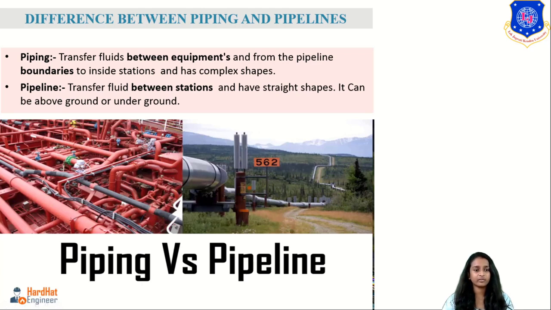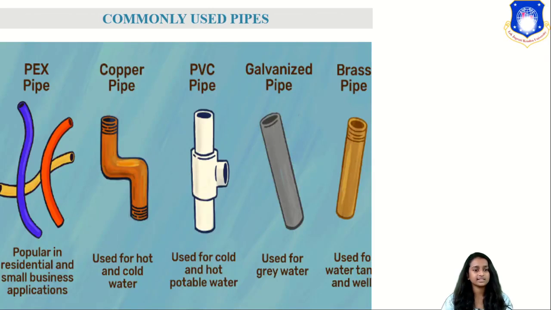Pipeline transfers fluid between one station to another station, meaning between one industry to another industry, and has a straight shape. It can be above the ground or under the ground, but piping is mainly above the ground.